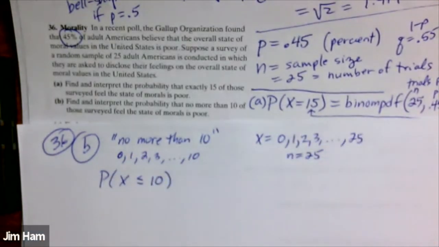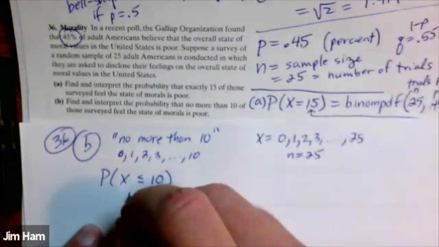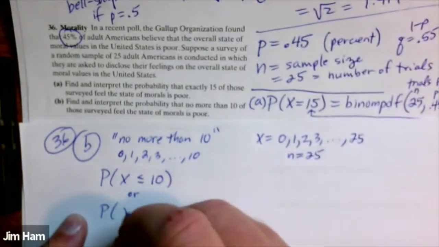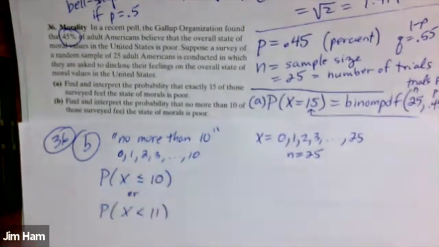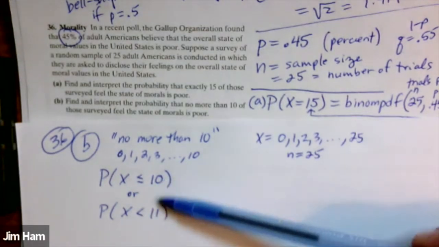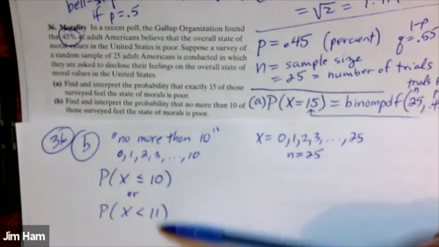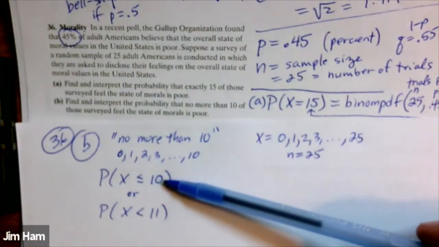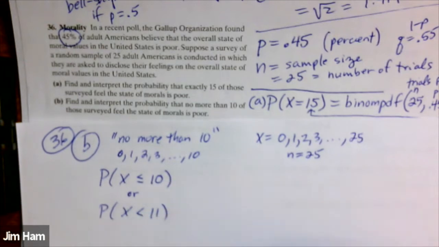I suppose you could say the probability that x is less than 11, because we are in a discrete setting. And so these two look quite different, but they turn out to be the same exact probability. Less than or equal to 10 or less than 11.